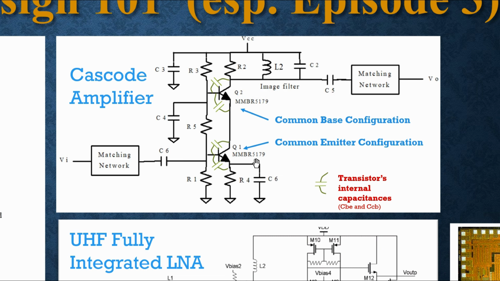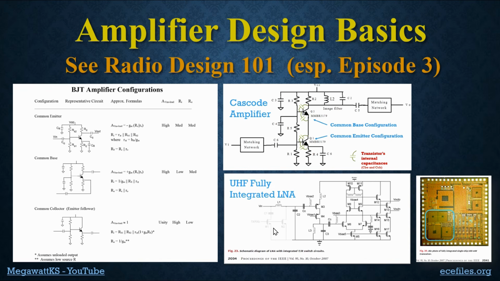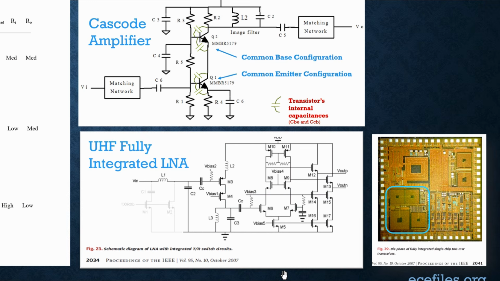Now, to get really deep and sophisticated, let's take a look at this UHF fully integrated LNA. This shows some of the sophistication that may be included in some low noise amplifiers. First of all, the input impedance of a cascode amplifier is usually quite high. So this matching network is generally going to match up from, say, your antenna at 50 ohms to something like a K ohm.